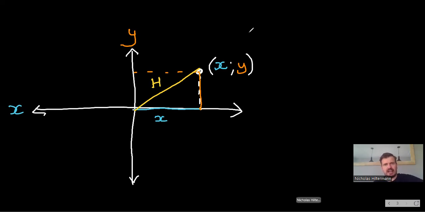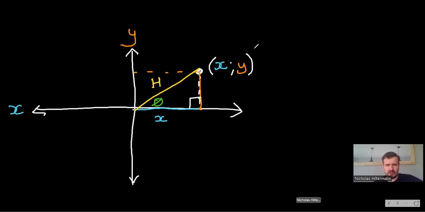And if I have an angle to this axis, theta, because I know this is perpendicular, this is a right angle, I have a right angle triangle. This allows me to work out a whole lot of things in the Cartesian plane.